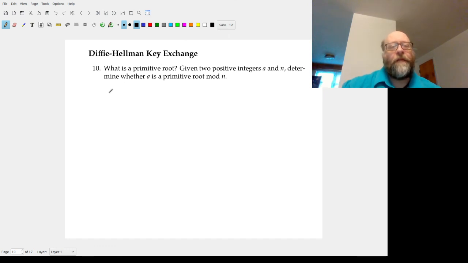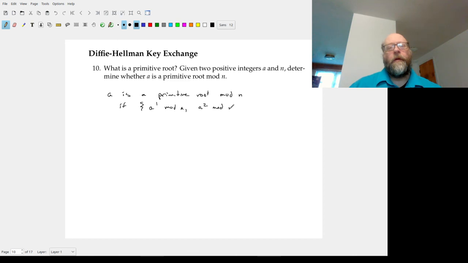So a is a primitive root mod n if the set a to the first mod n, a squared mod n, up through a to the n minus 1 mod n are all different.